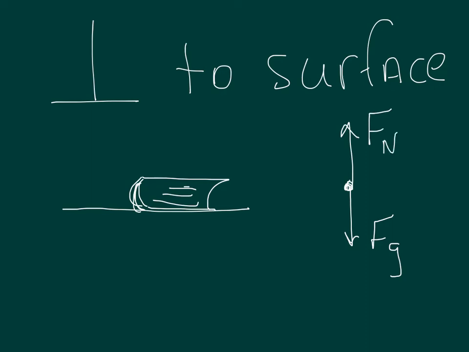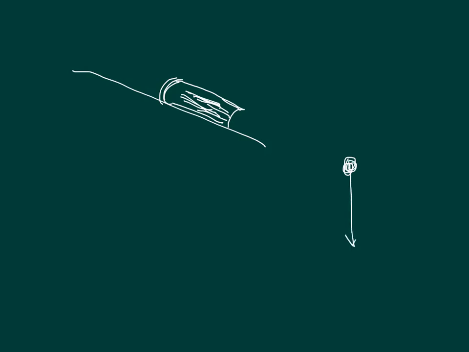Now what if our table is not level and the book is on an incline? So now we have a table and our book is on the table. What does that look like? Well, we have our dot. We still have gravity pulling straight down, always.